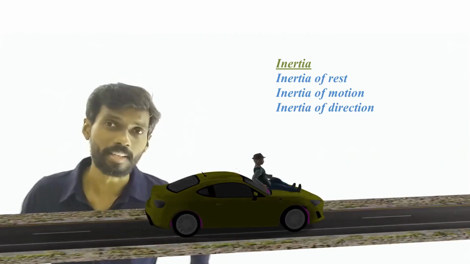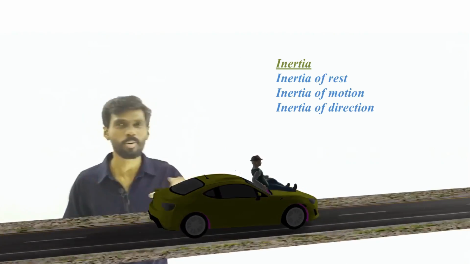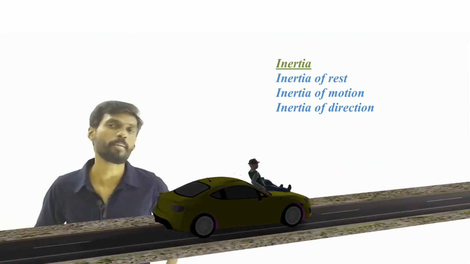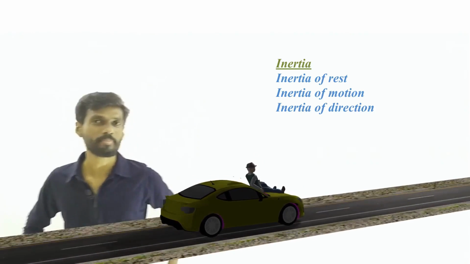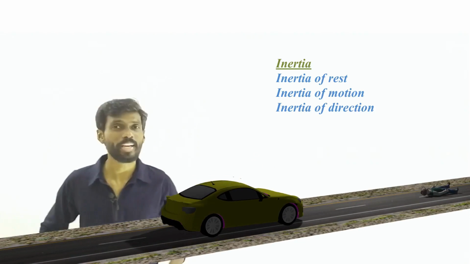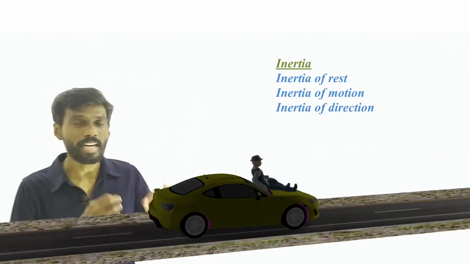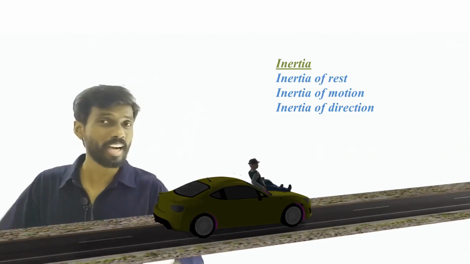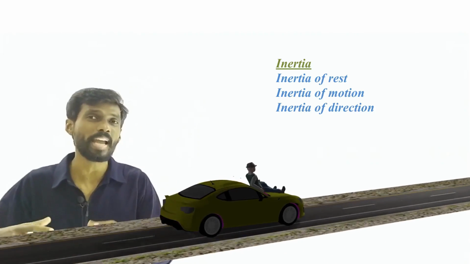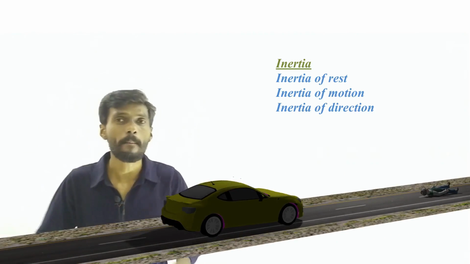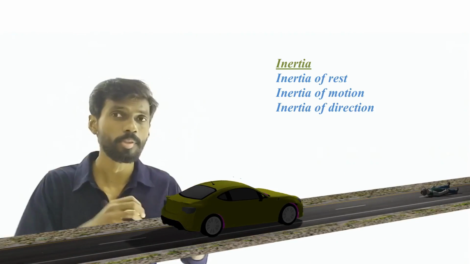Now he got a little wiser and he is sitting on the bonnet, the hood of the car. With a little jerk, he somehow managed to be stable. Let's see what happens. Same result. Why did he fall down this time? This time he is in uniform motion. Now the car stopped suddenly, which means some force acted on the car and stopped it, but there is no force acting on him to stop his motion.